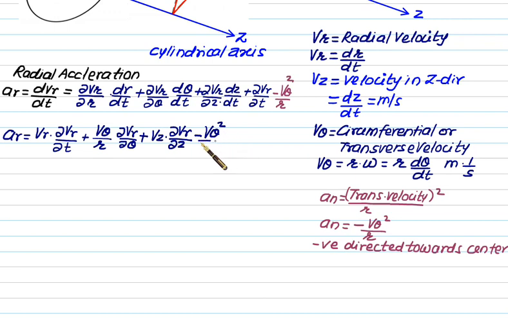All these first four terms represent the convective part, and finally we have the unsteady part, del vr by del t, that is the local acceleration in the radial direction.